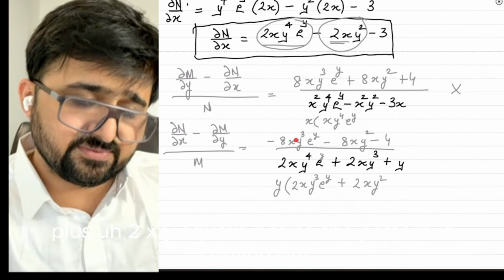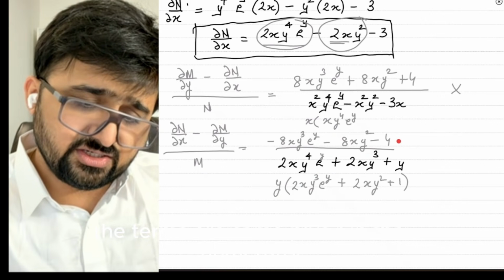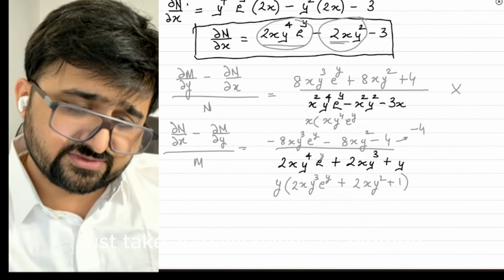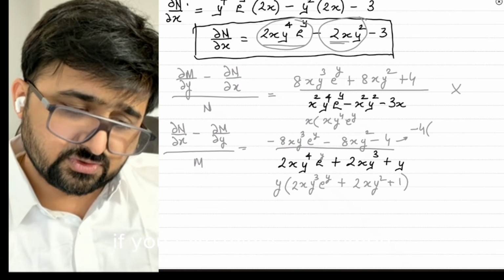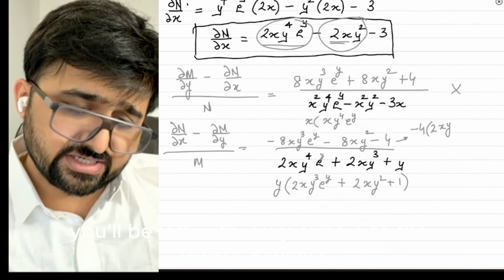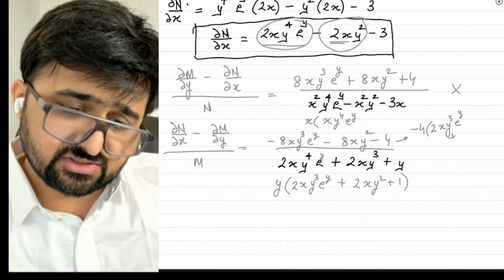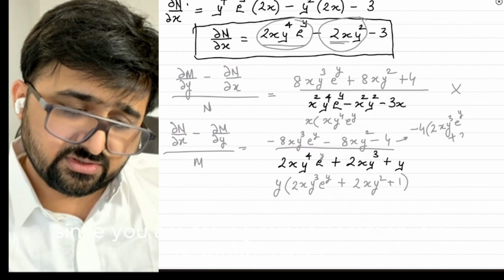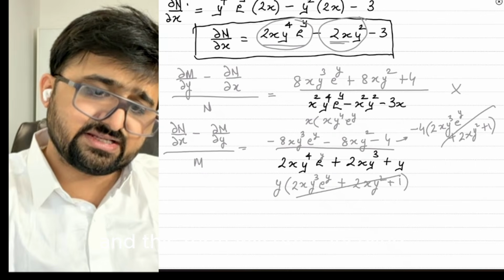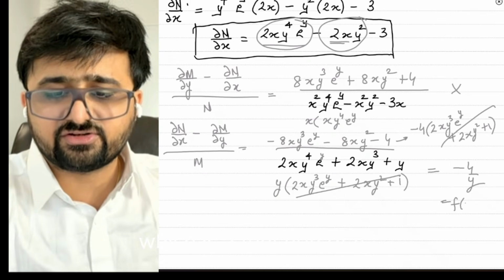Notice the pattern is coming out, the terms are the same, plus 1. In the numerator, take minus 4 common. You'll be left with 2xy cube e to the power y plus 2xy square plus 1, since you are taking minus common. If you notice, this term and this term will get cancelled and you will be left with minus 4 over y, which is a function of y.